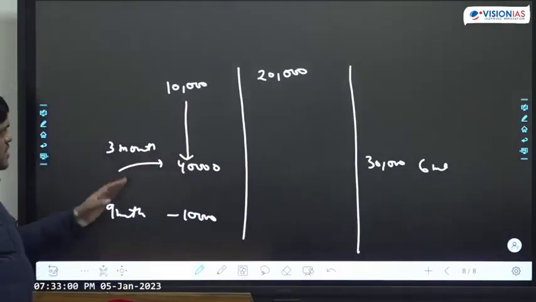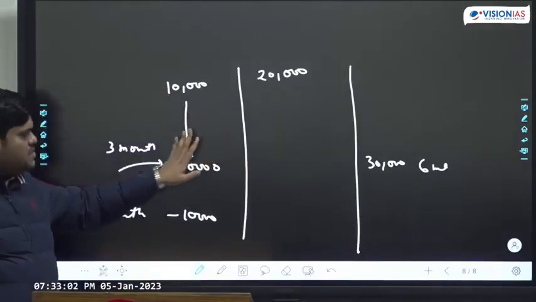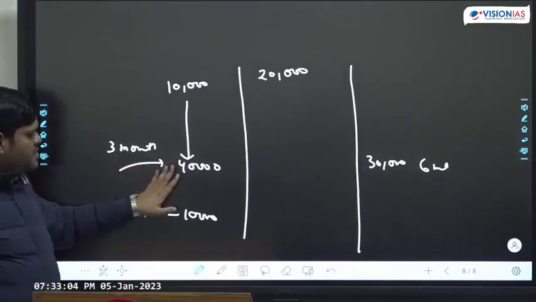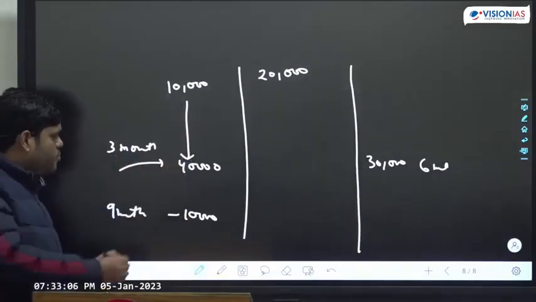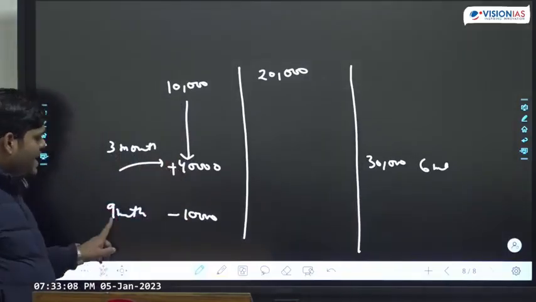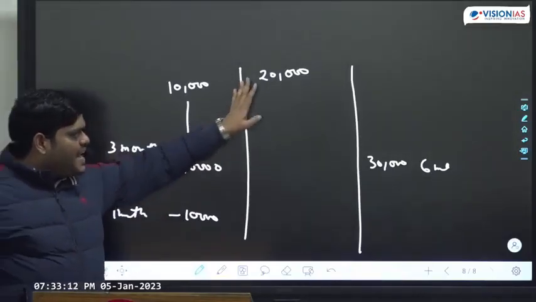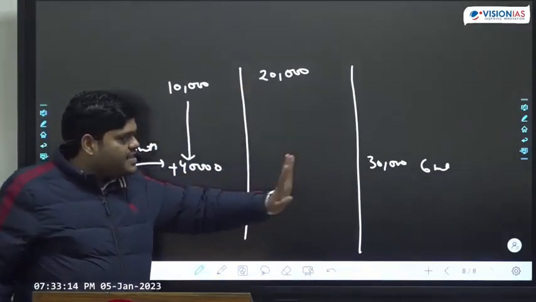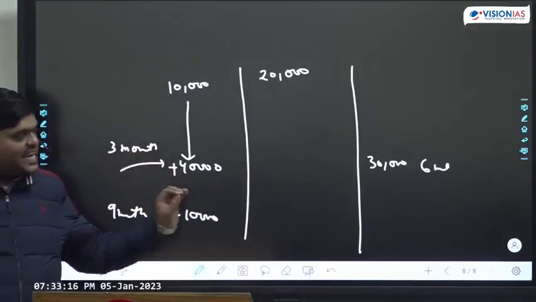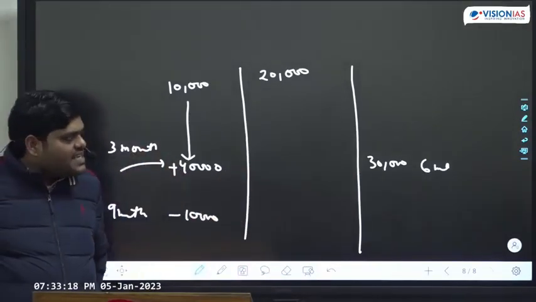So the question: A puts in 10,000 rupees, then after 3 months A puts in 40,000 more, and after 9 months A takes out 10,000. B has done nothing. After 6 months, C enters the business with 30,000 rupees.